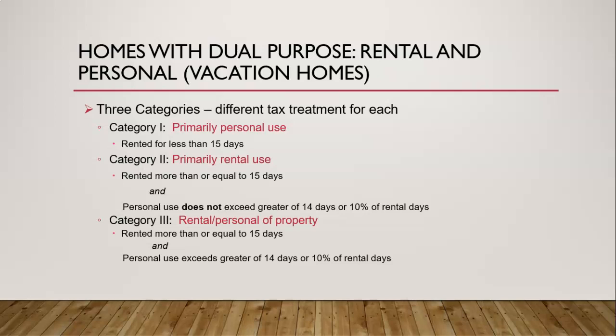This happens like you have a house in Clemson, and the Clemson Carolina game is going to be up there. So you rent your house out to somebody else for a couple thousand dollars for the weekend, and you just take off and go somewhere else. It's primarily your home. You live in it all year, but you've rented it out for maybe 3 days or something. That is primarily personal use, category 1.